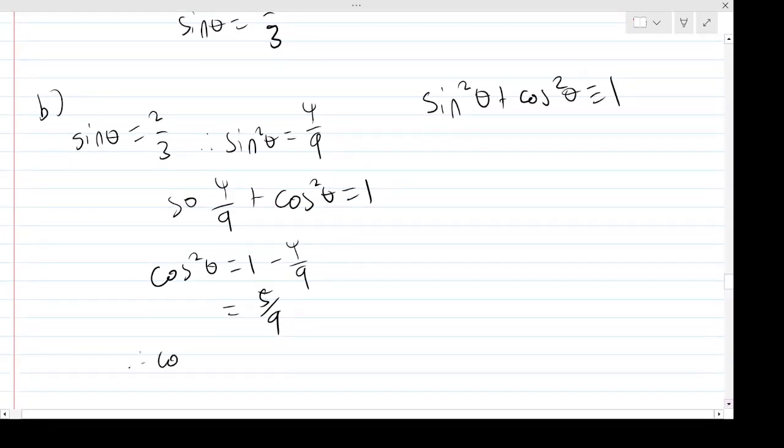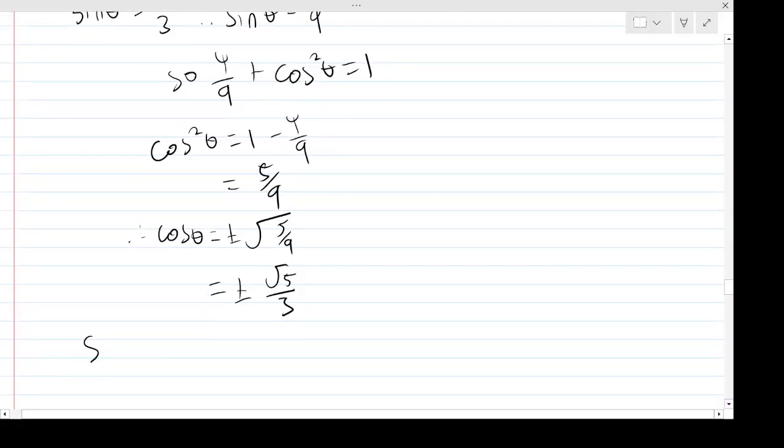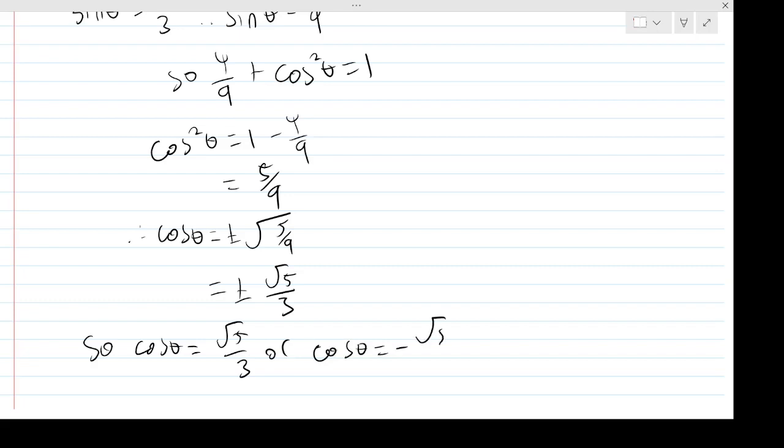So then cos theta is going to be plus or minus the root of 5/9, which simplifies to plus or minus root 5 over 3. Okay, so then I've got two possibilities again. So either cos theta is positive root 5 over 3 or negative root 5 over 3.